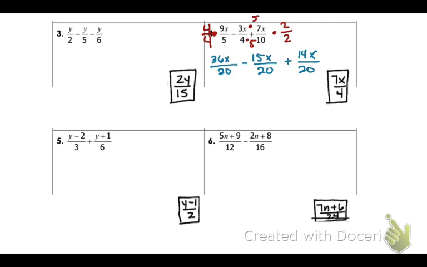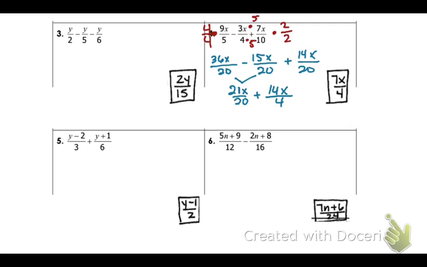So now I'm going to combine like terms. All of these can combine. Okay, the top, that all combines. So 36x minus 15x. We're going to be left with 21x right here. So 21x over 20 plus 14x over 20.